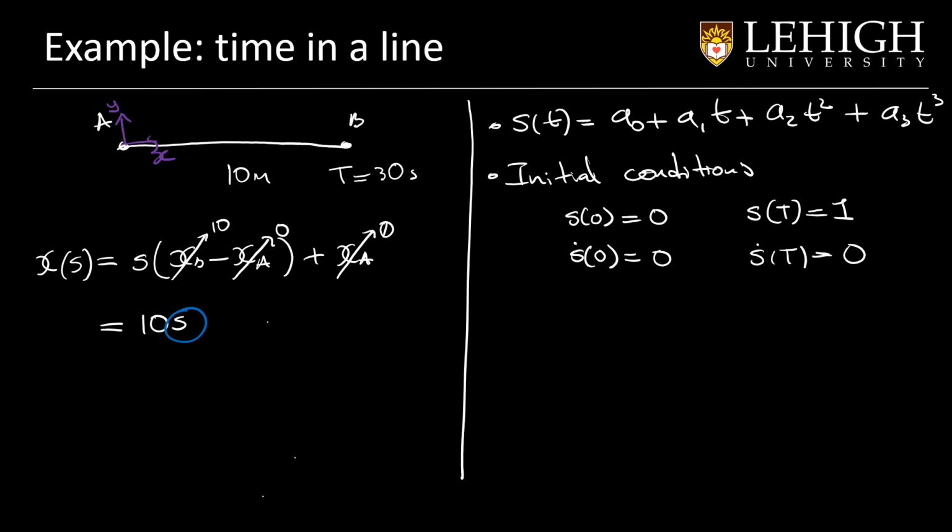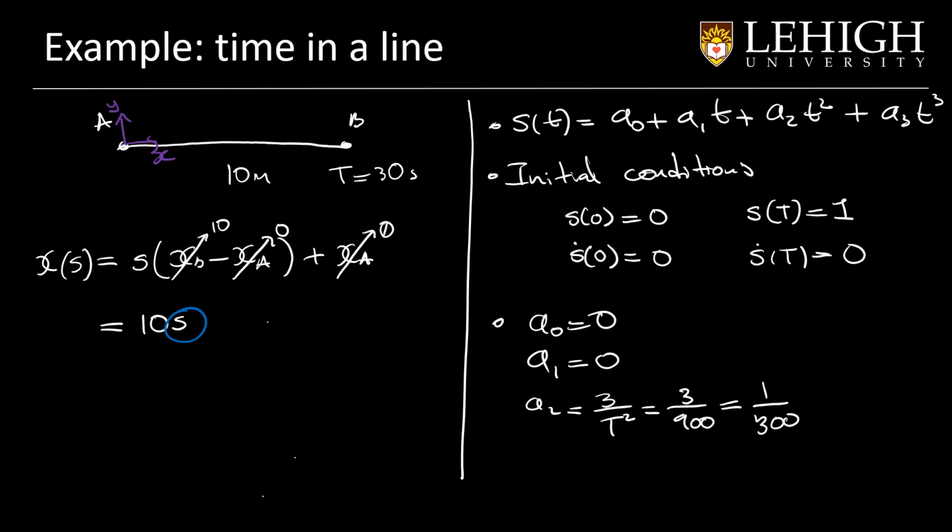Applying the equations of the previous slide, we get that A0 is equal to 0, A1 is equal to 0, A2 is equal to 3 over T squared, and T in this case is 30 seconds, so it will be 3 over 900, which is equal to 1 over 300.